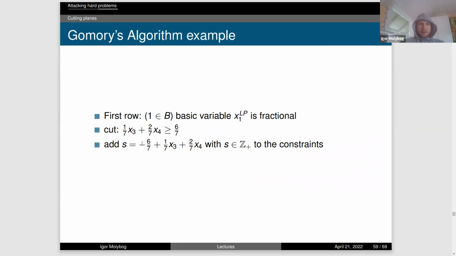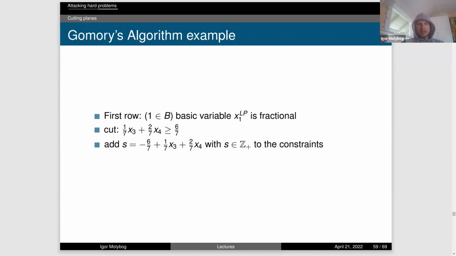And this cut is an inequality, obviously, because it should be an inequality. We noticed last time, even during the last lecture, that the slack has to be an integer value in this inequality.